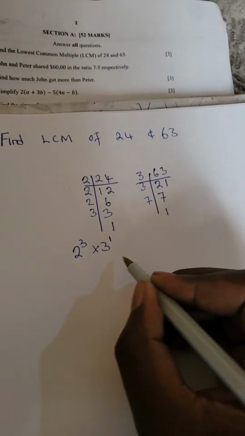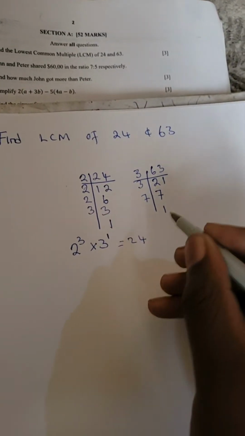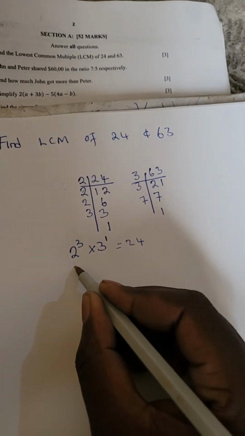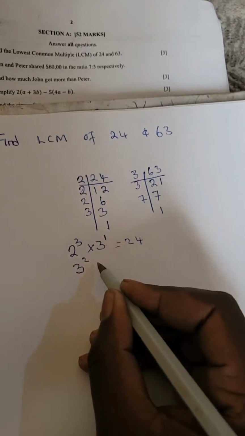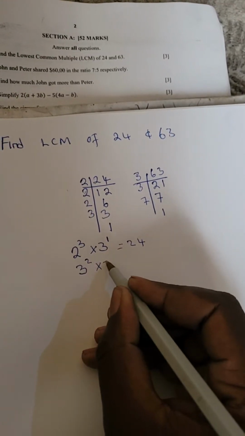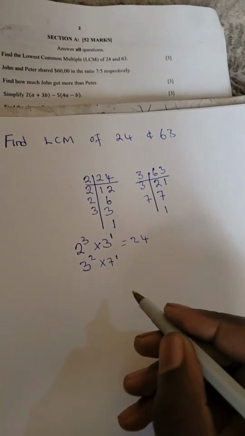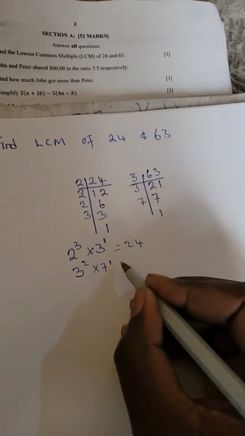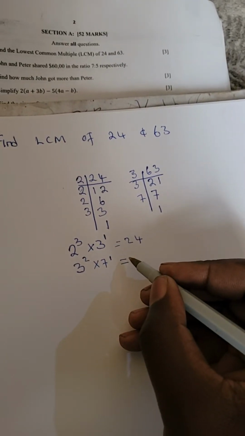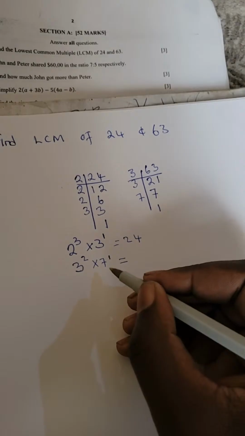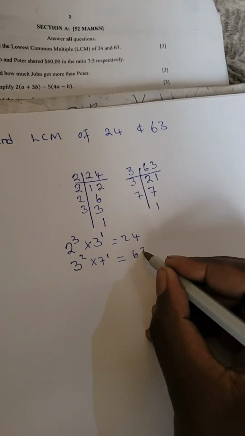Okay, so 63 as a product of its prime factors is 3 raised to the power of 2 times 7 raised to the power of 1.